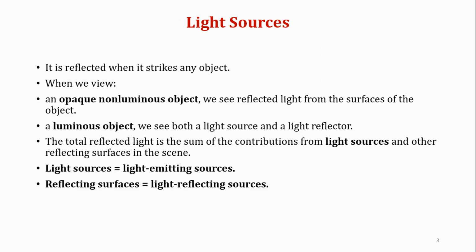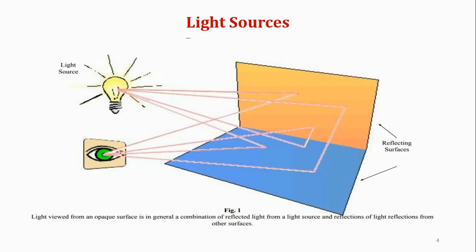These do not emit light, but they reflect the light: walls, tables, books, sometimes human faces. The total illumination seen by the viewer is the combination of the light source and reflected light from the surface. So I need a light to see the object, and I need reflected light to understand what the object is.